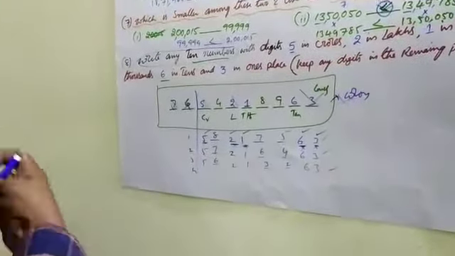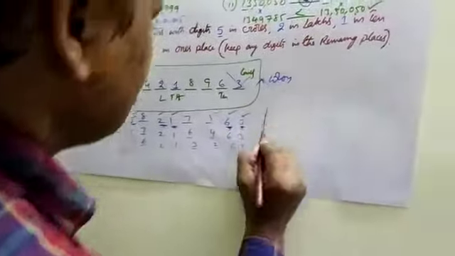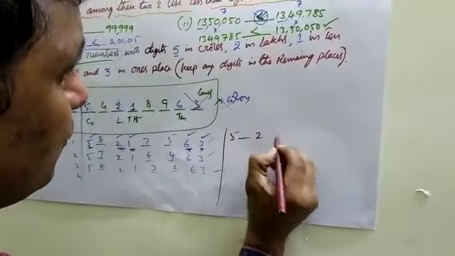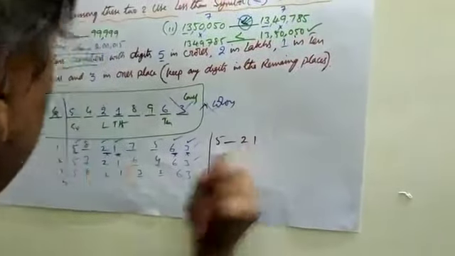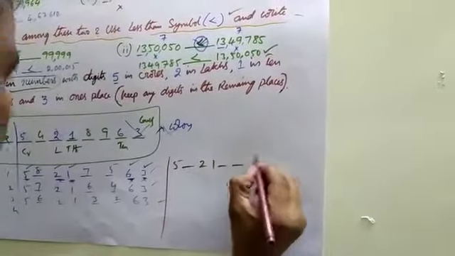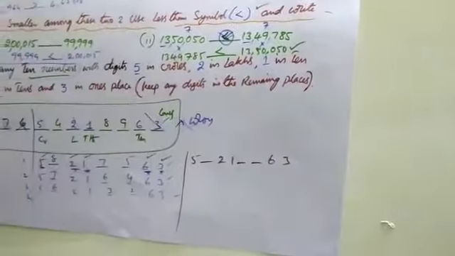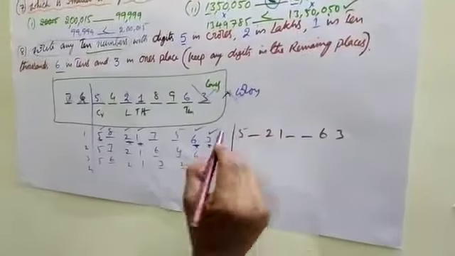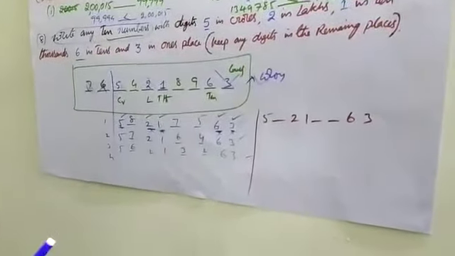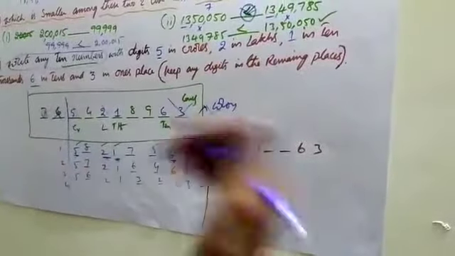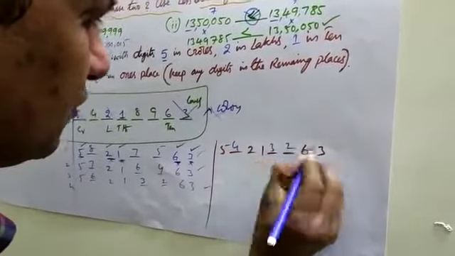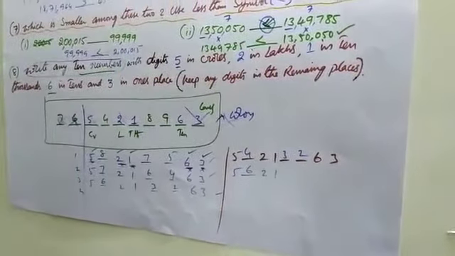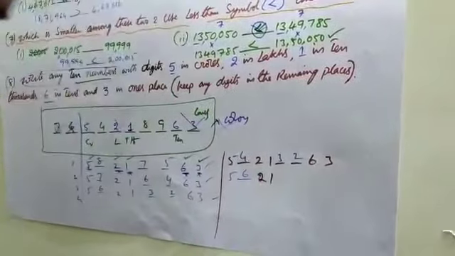For example, see, one more, like, therefore 5, 2, 1, 6, 3. Don't change the 5, 2, 1, 6, 3. You write, for example, see, in the remaining places you take any digit. 4, 3, 2, 5, 6, 2, 1. No change. Don't change this. 2, 1.